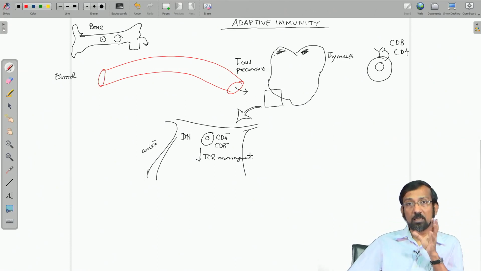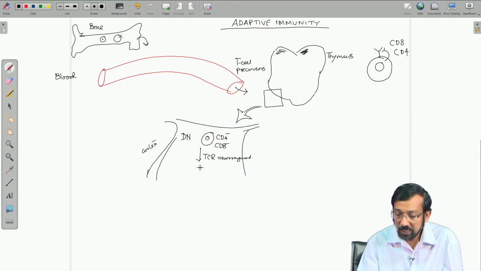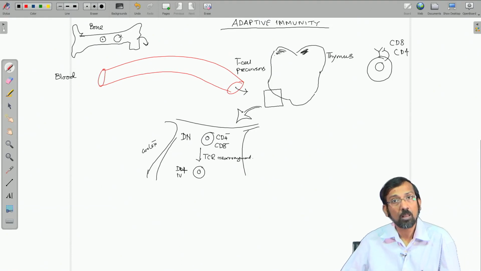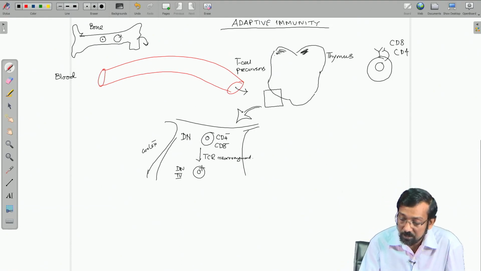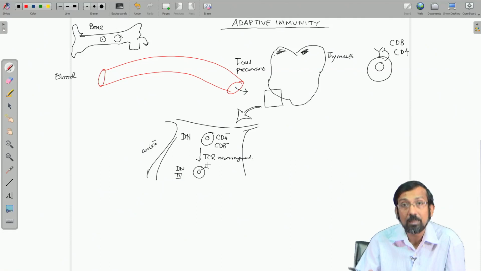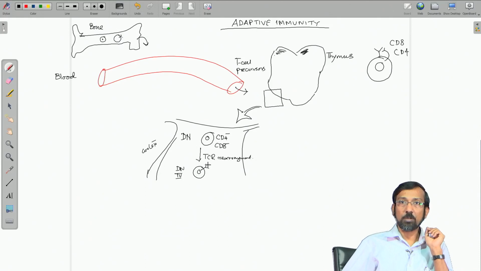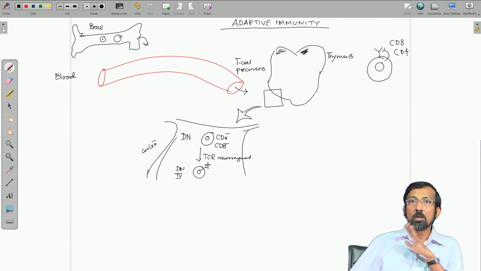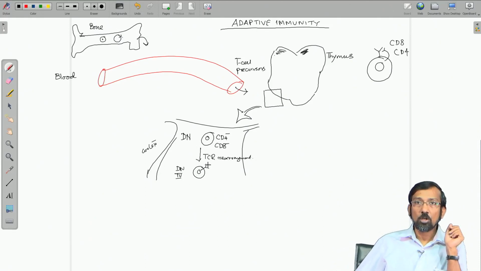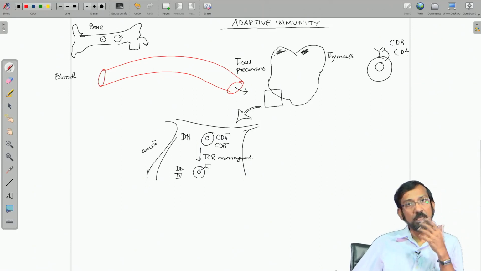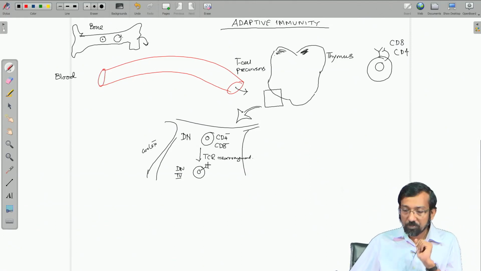So, it rearranges, and at the stage when the cells are still double negative, that is DN4, they start to express the T cell receptors. Now, they are expressing the T cell receptors, but they are still not expressing the co-receptors. So, that means they are still double negative, they are CD8 negative, CD4 negative.